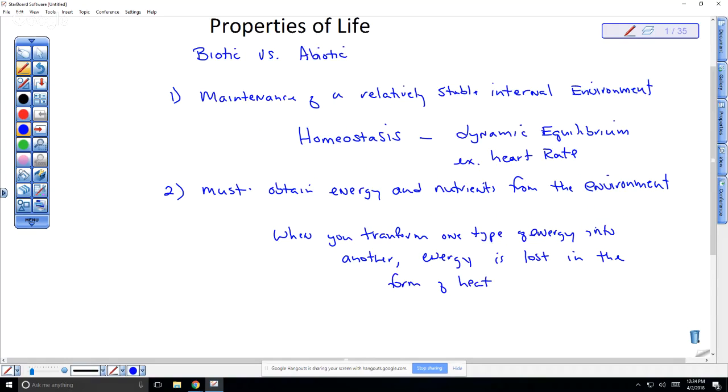And this actually happens even outside of a living system. This is a thermodynamic law that relates to physics that you might study in physics.